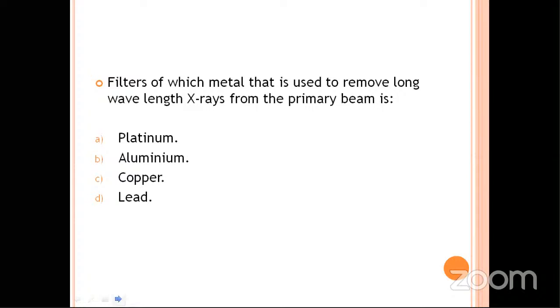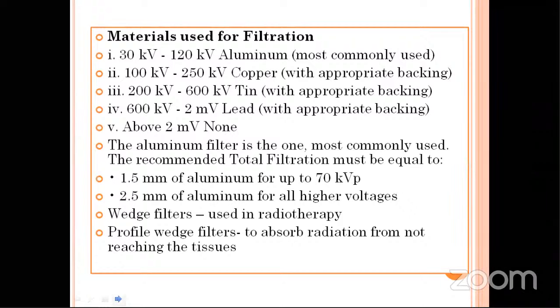The filters of which metal is used to remove long wavelength X-rays from the primary beam? Okay, so here the option is, we have discussed already, it is aluminium. So this is also one of the facts which you need to know. Since I told about the inherent filtration, you must be thinking when to use the additional filtration. If the machine is working at a KVP of 30 to 120, aluminium is used, normally an IOPA machine.